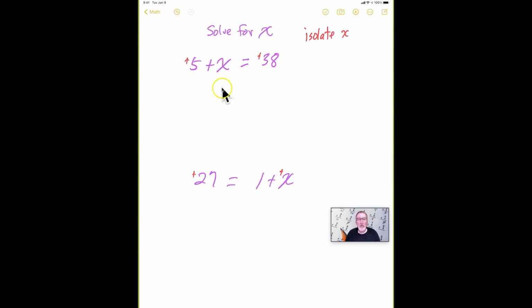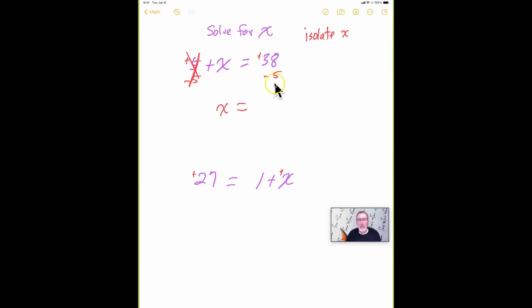So what we want to do is, there's a positive 5 here, and if we just subtract 5 from both sides, we can get rid of this, leaving just x. So let's start there. We'll say minus 5 and minus 5. And so we're going to end up with x on the left side, and that's equal to 38 minus 5.